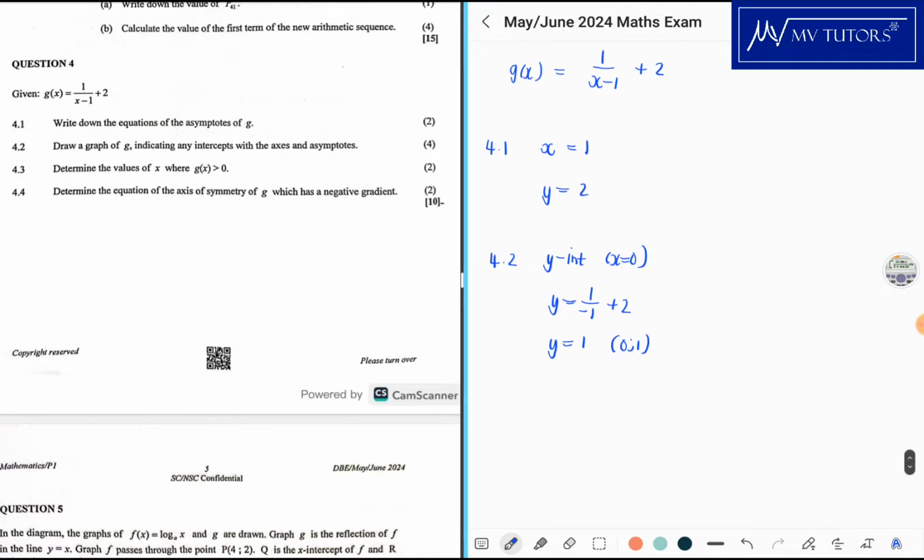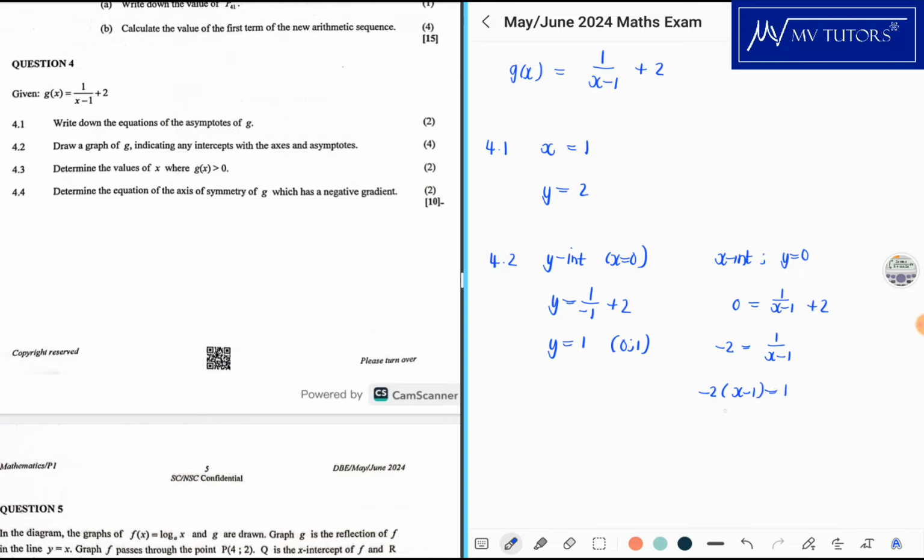Now what about the x-intercept? That is basically where y is equal to 0. So I have 0 is equal to 1 over x minus 1 plus 2. Then I'm going to take 2 to the other side. And then I'm going to take x minus 1 to the other side.